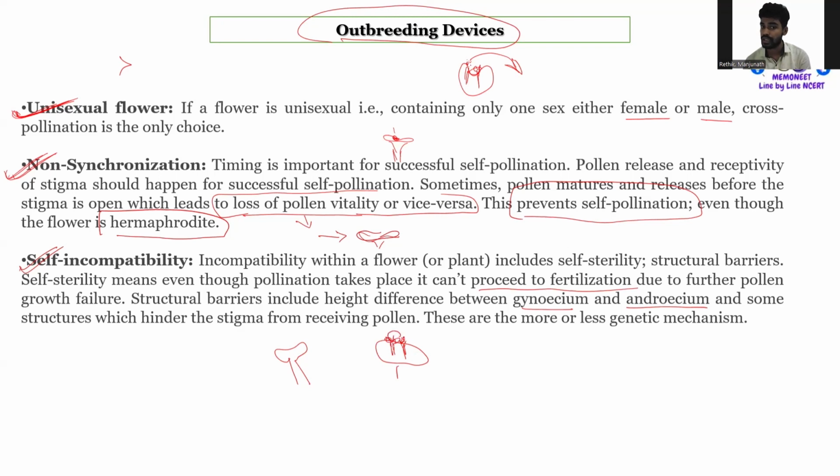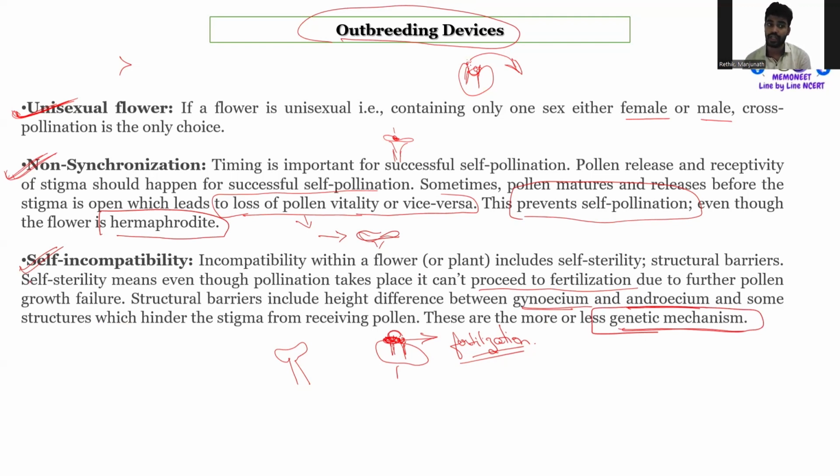Even though the pollen grains get transferred from the anther to the stigma, and pollination happens, further development or fertilization doesn't take place because there is some barrier, such as height difference between the gynoecium and androecium, or some structural barrier between the pollen grains and the stigma when they are received. This is more or less a genetic mechanism, that is, genetically they are recognized.